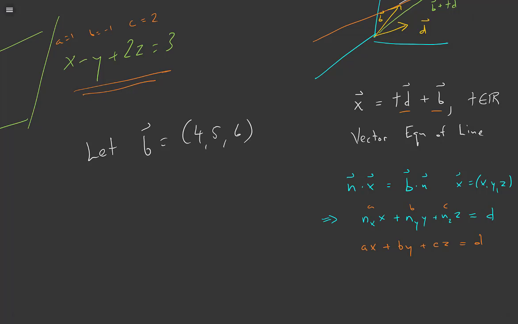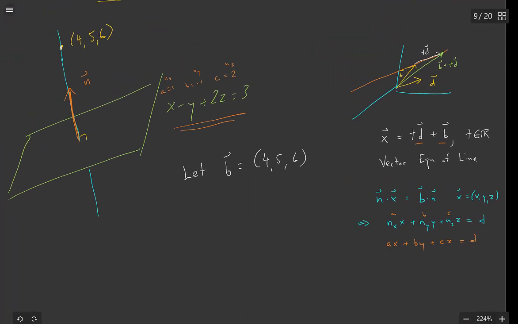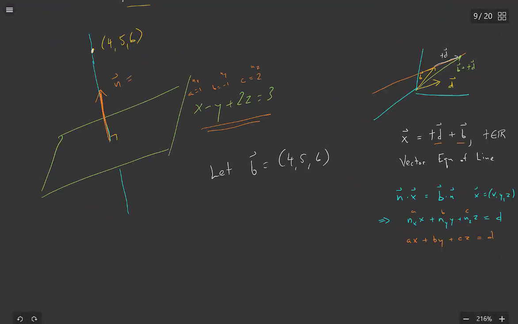Those coefficients, looking at the scalar equation, must correspond to the components of the normal vector. So this is nx, this is ny, and this is nz. So we can just stare at the scalar equation and read off the coefficients to get the normal vector. So the normal vector is 1, minus 1, and 2. We didn't really need to do any work there, right? We just got the 1, the minus 1, and the 2.